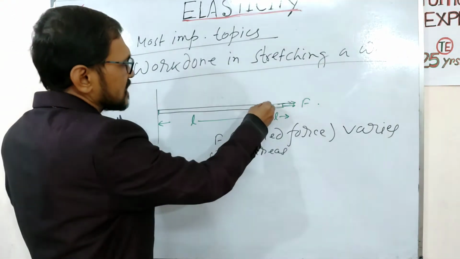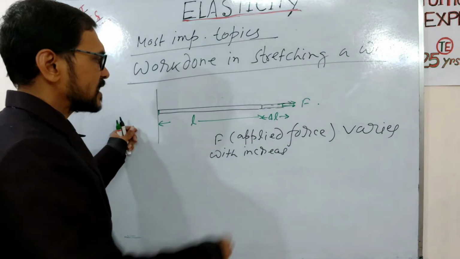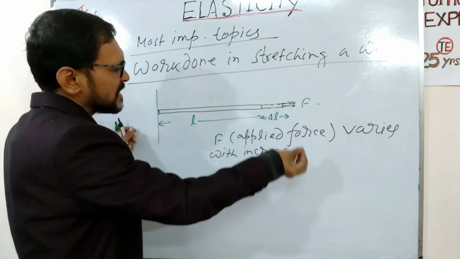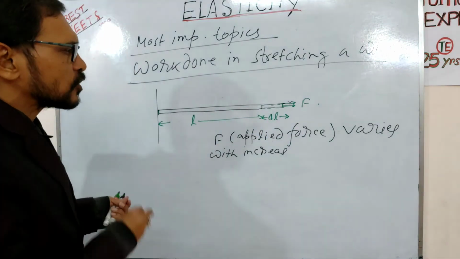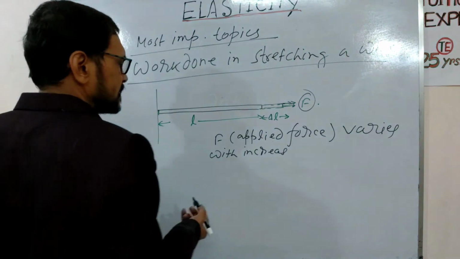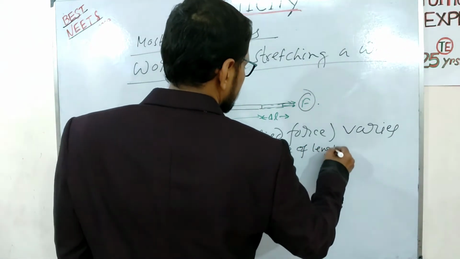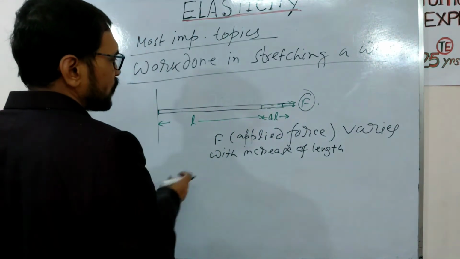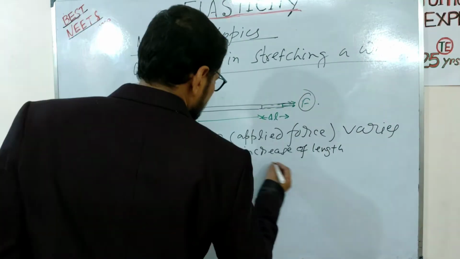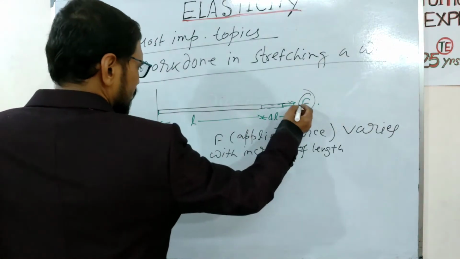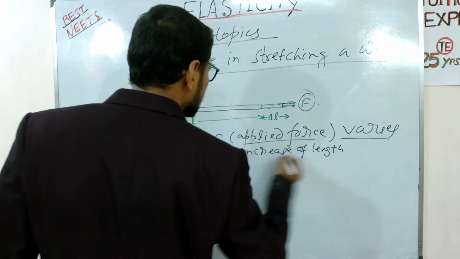As we increase the length of the wire, the force also has to be increased gradually. Force applied varies with increase of length. That is, if we stretch the wire, then the force applied also has to be increased. So a variable force is applied.